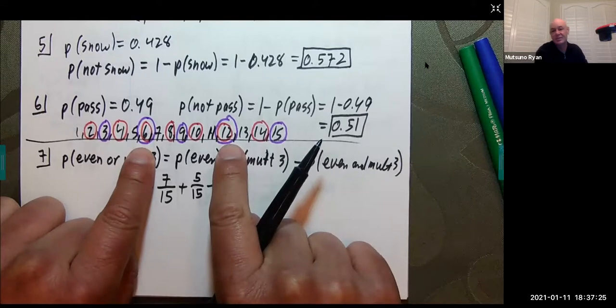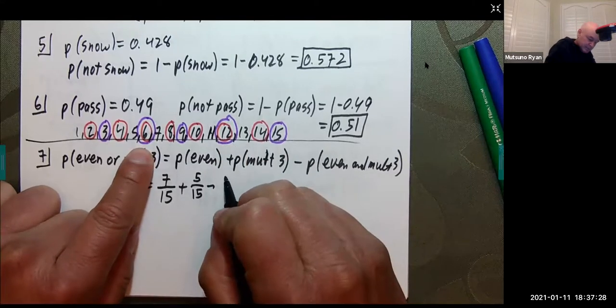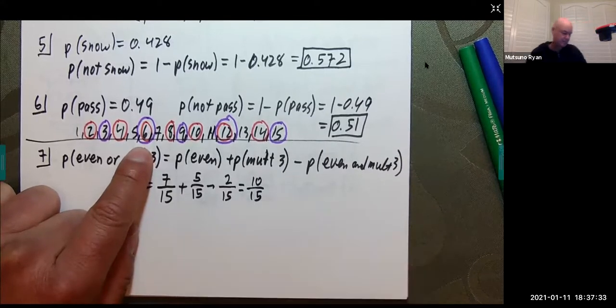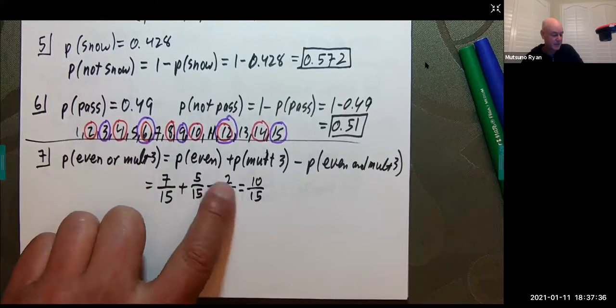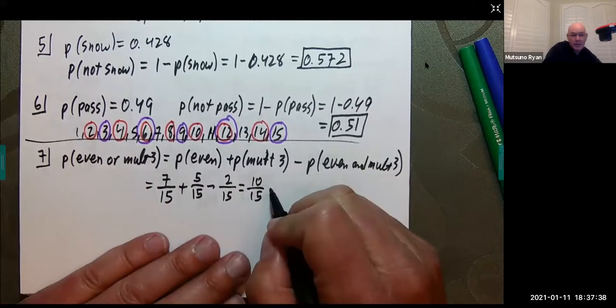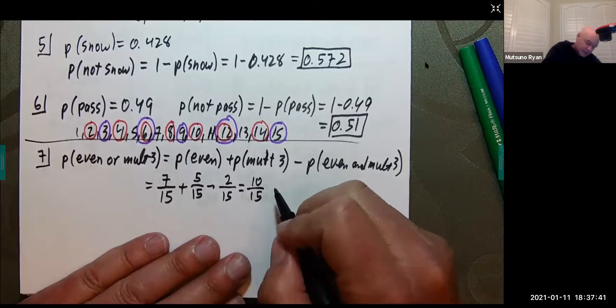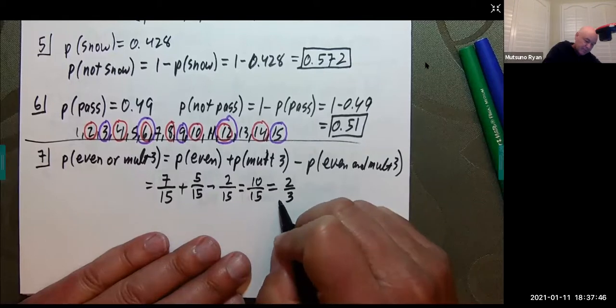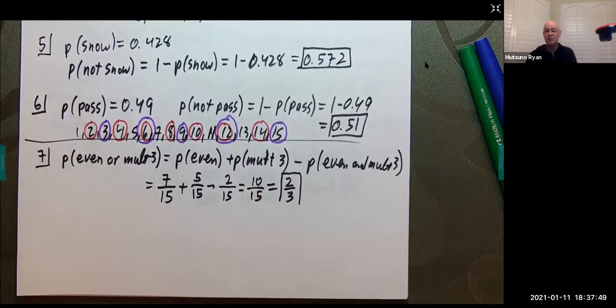So I've double counted 2 of them, so I've got to subtract those out. So 7 plus 5 is 12. 12 minus 2 is 10. And it again does not tell us how it wants the answer written, so I will reduce that. So for this one, there's a 2 in 3 chance that it'll either be even or a multiple of 3. We have several of these that fall into this category where we have the 2 and then we subtract.